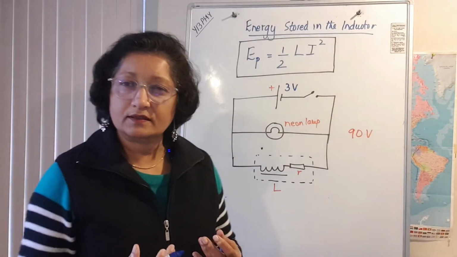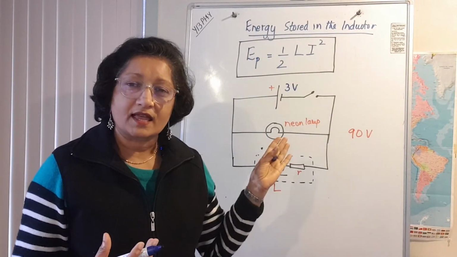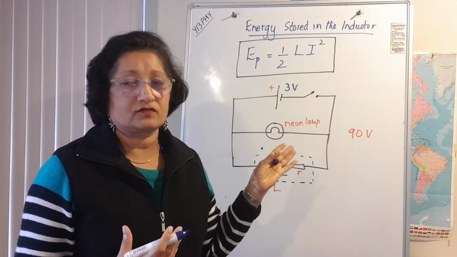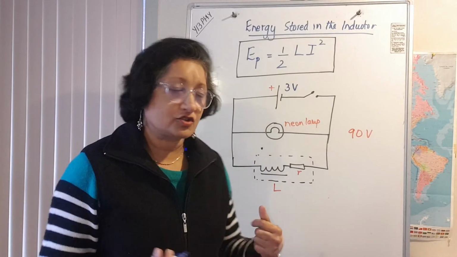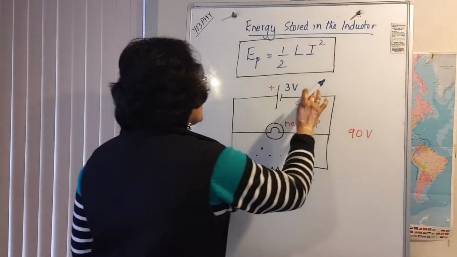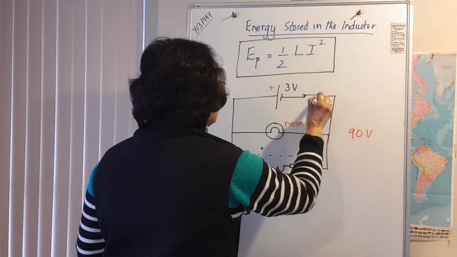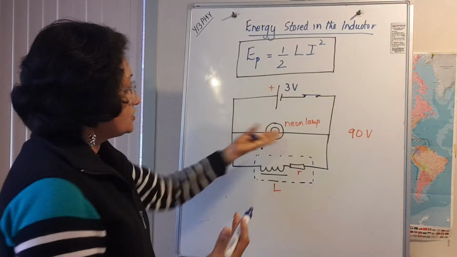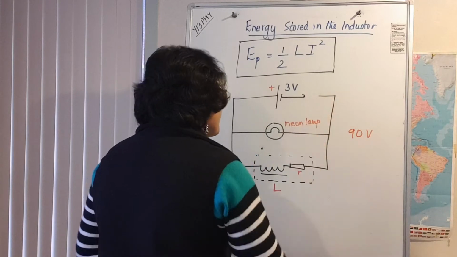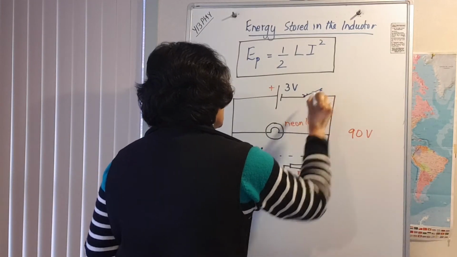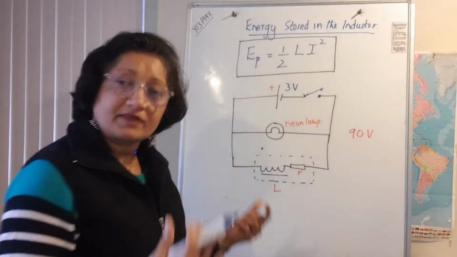You think, how on earth is a 3 volt DC supply ever going to give enough energy for a 90 volt neon lamp to light up? So this is what you do. When you close the switch, nothing happens. The neon lamp doesn't light. However, when you open the switch, you find that the neon lamp lights up.